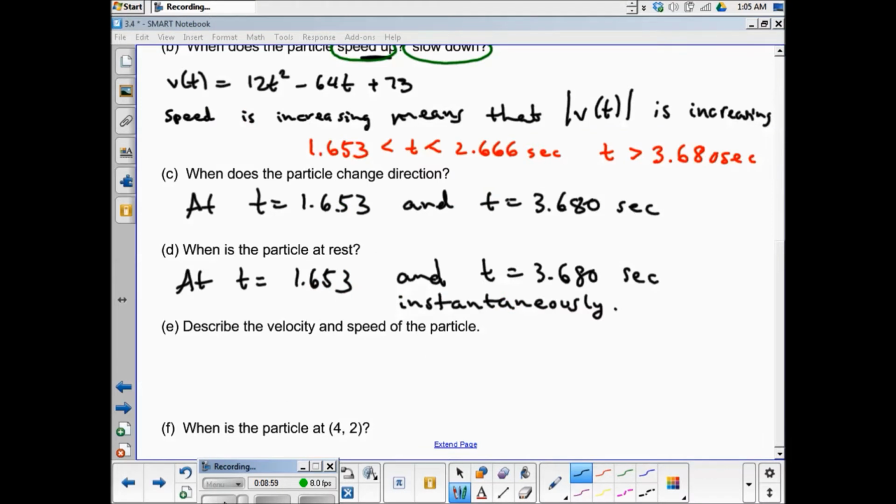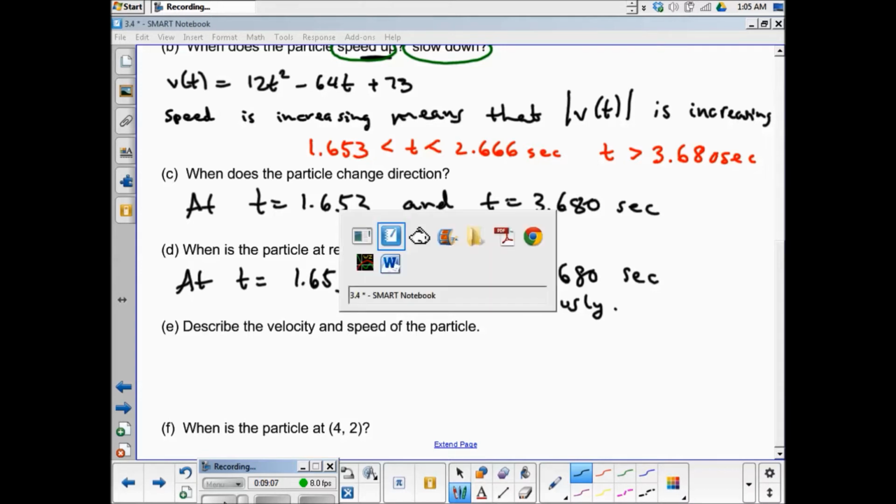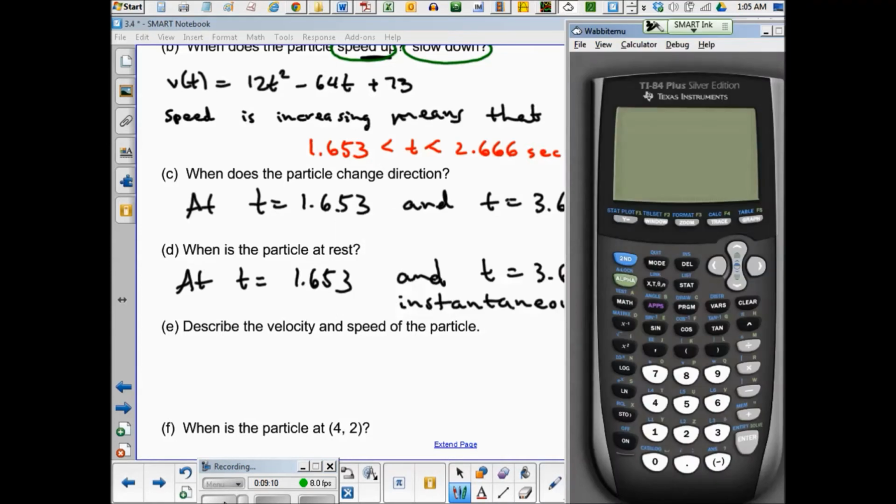Okay, now we're asked to describe the velocity and the speed of the particle. So I'm going to actually go back to my graphing calculator, and I'm going to remove the absolute values. And this point right here is the 2.666 seconds.